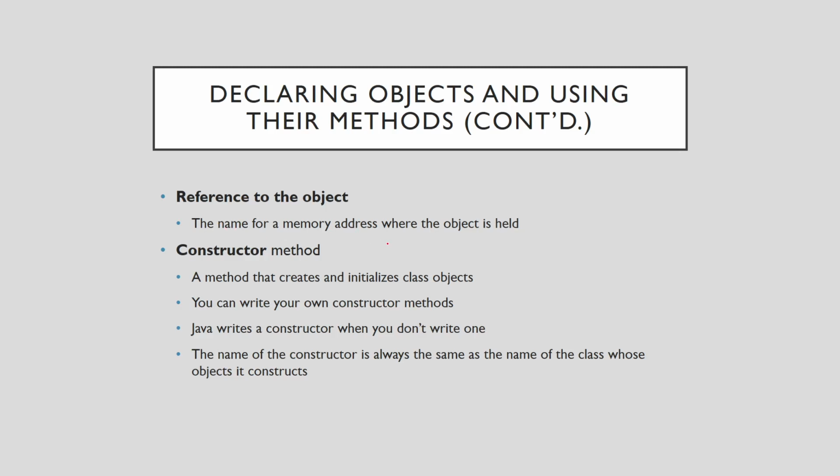Now, we can use the constructor method. The constructor method will be used to create and initialize class objects, and we can create our own constructor methods. If we haven't created our constructor, Java will automatically create a constructor method for that class.